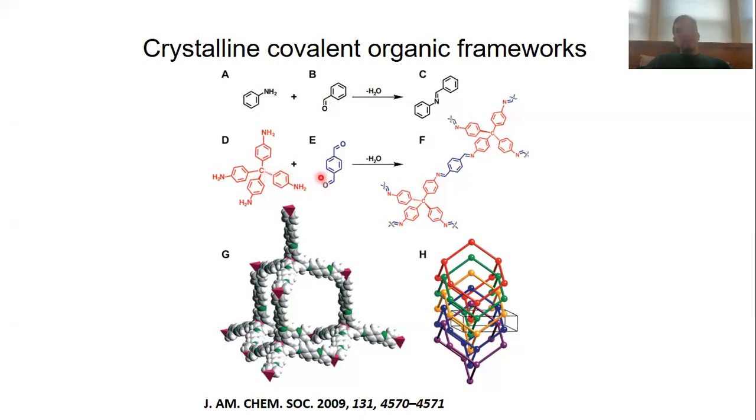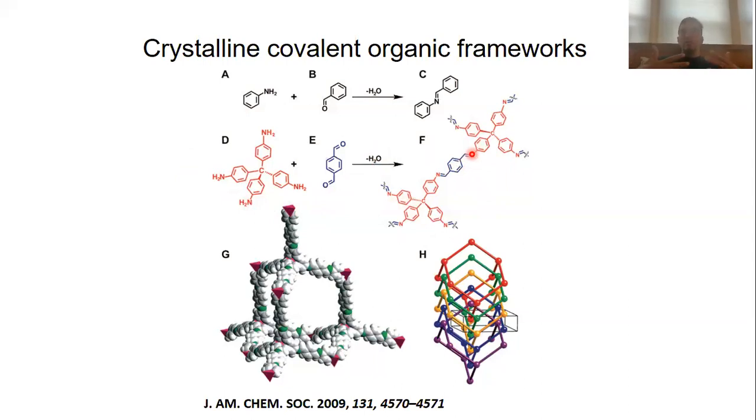So this kind of chemistry can be done also at relatively mild temperature conditions with the right amount of water in the reaction system. Despite that, the respective imine-linked covalent organic frameworks are pretty stable to hydrolysis. Okay, so they're definitely air stable.